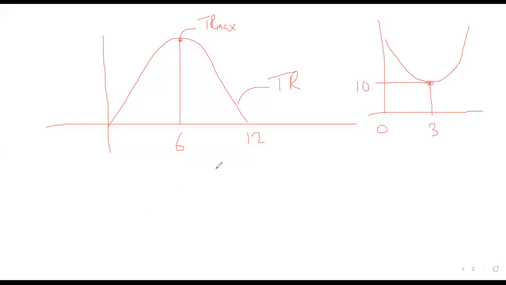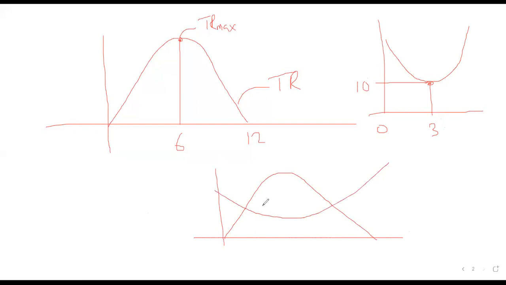So when you combine these two curves, you're going to have 5 important points. Point A, point B, point C, point D, point E. Can somebody tell me what is point A and B?